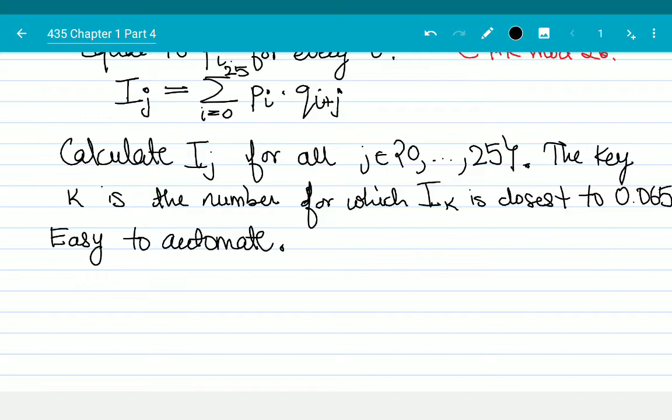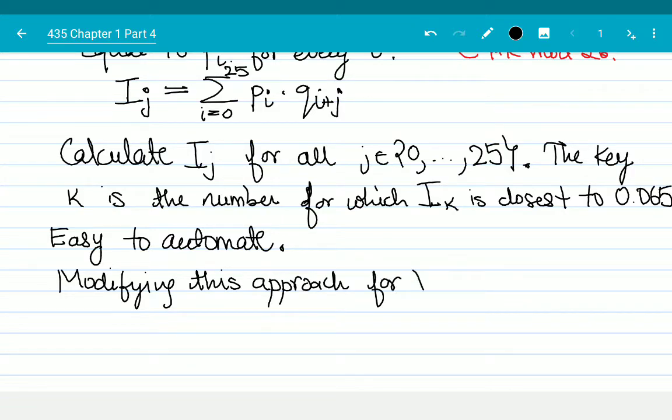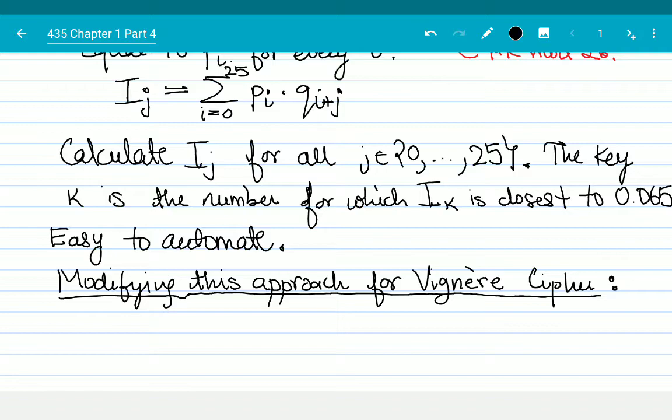Okay, so modifying this approach for the Vigenere cipher. Now the previous approach doesn't exactly work.